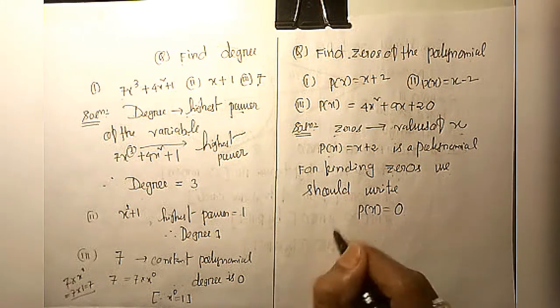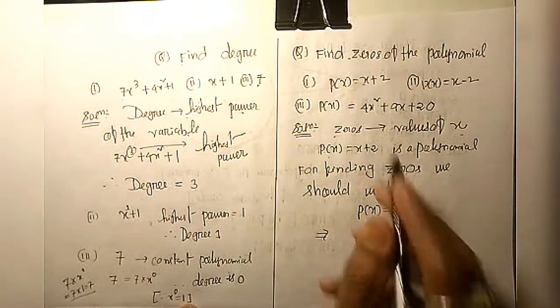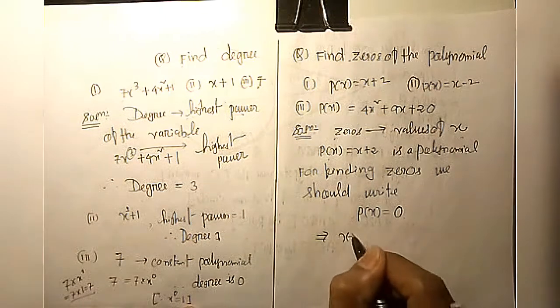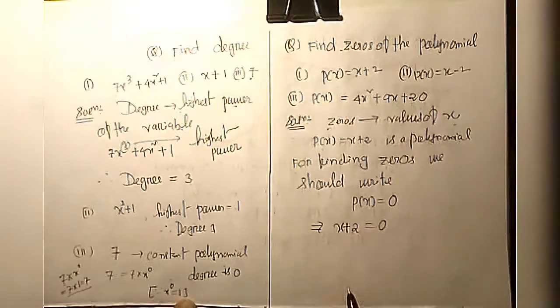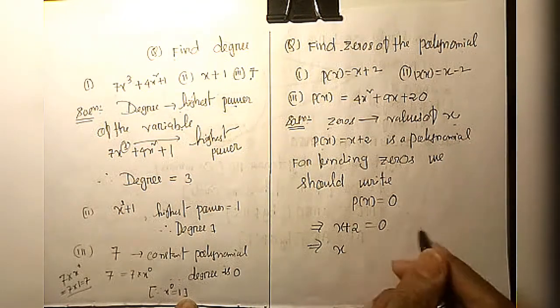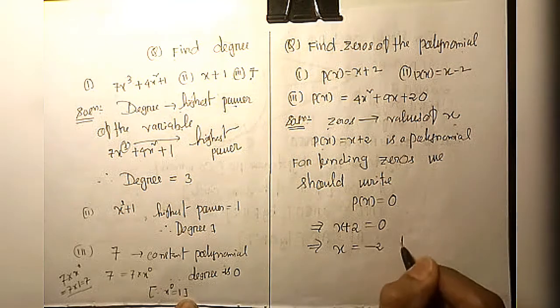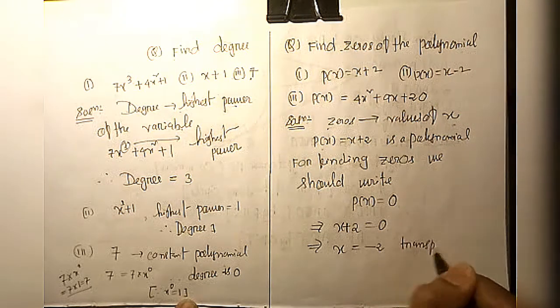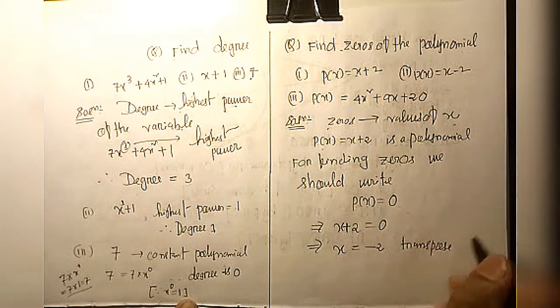So, P(x) equals 0 implies x plus 2 equals 0. So, x equals, transposing 2 to the right hand side, minus 2.